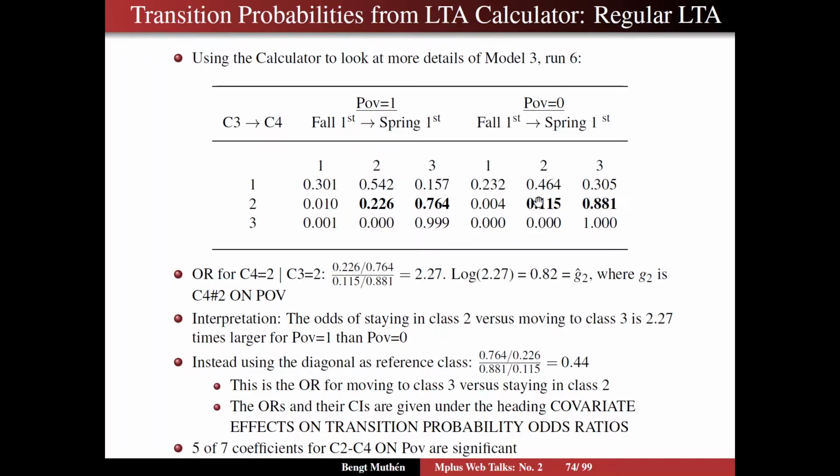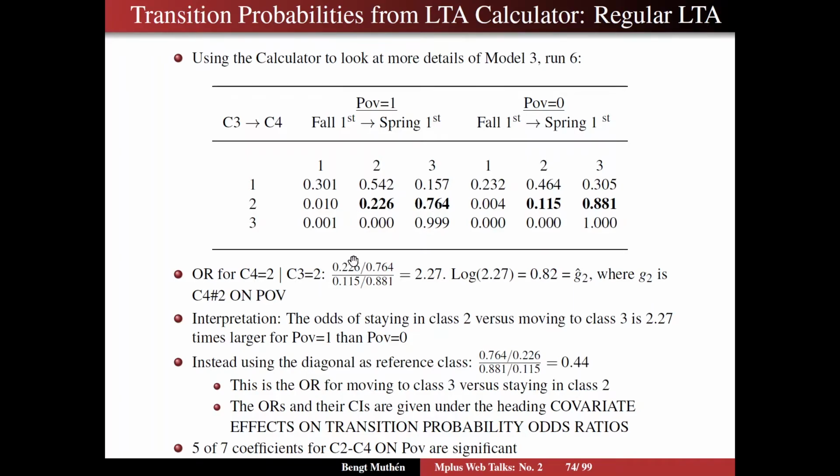Now you could of course test differences in probabilities here using non-symmetric confidence intervals, but I think a more effective use of these numbers is to look at odds ratios. We have 4 numbers that we can summarize into 1. So odds ratio for C4 equals 2 versus C3 equals 2.